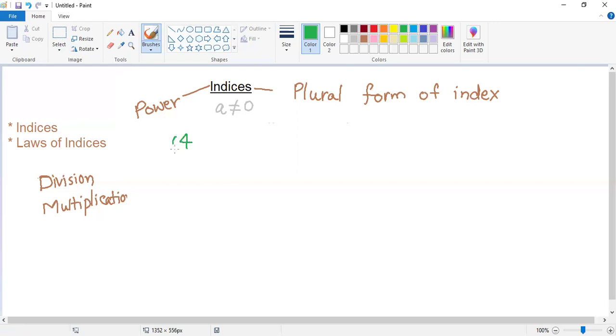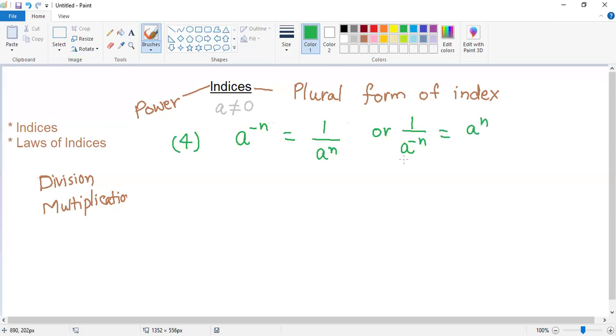Fourth law, I'm just writing here, is a power minus n will give you 1 over a power positive n. You can also write it in this way, 1 over a power minus n will give you a power n.